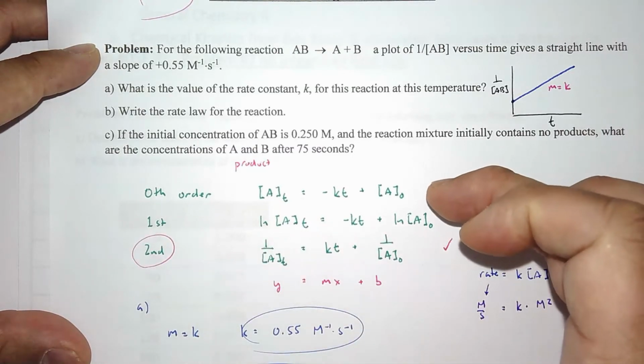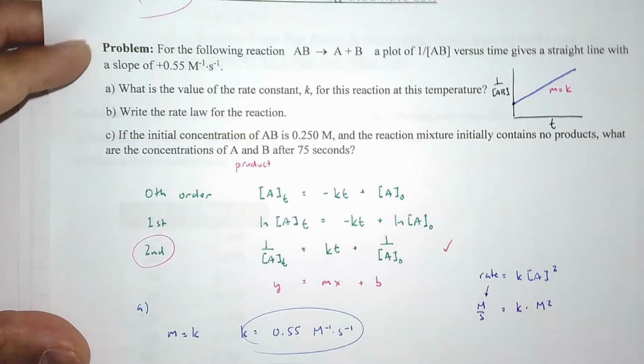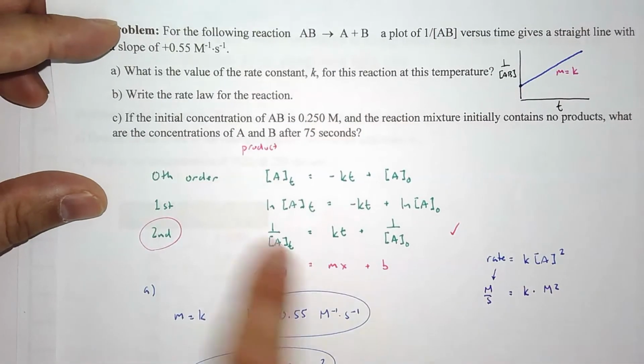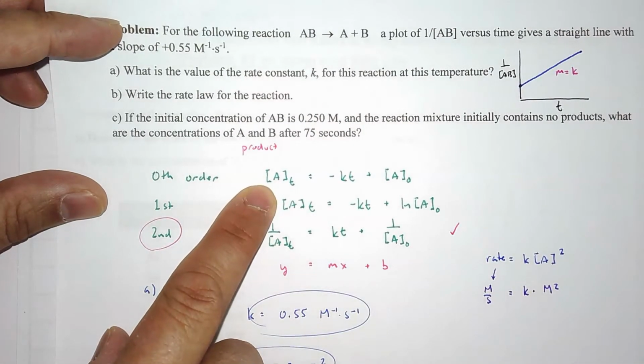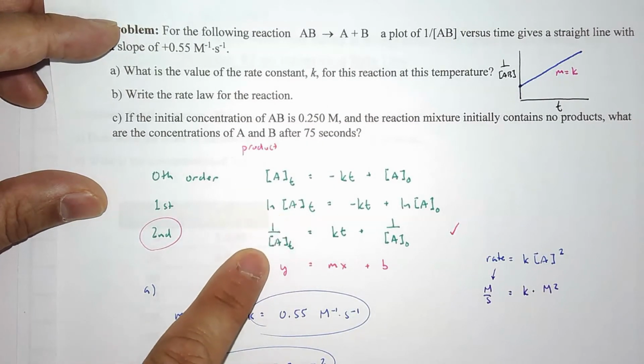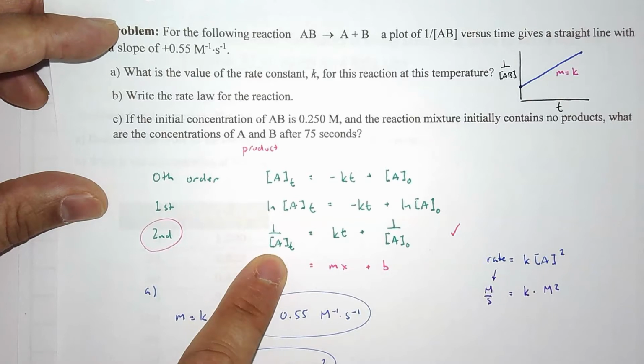So what you're doing is you're plotting this data and determining what y-axis gives you the straight line. Is it concentration of reactants? Is it the ln of the concentration of the reactants? Or is it 1 over the concentration of the reactants?